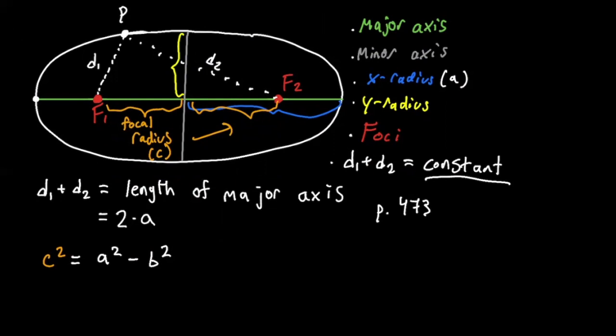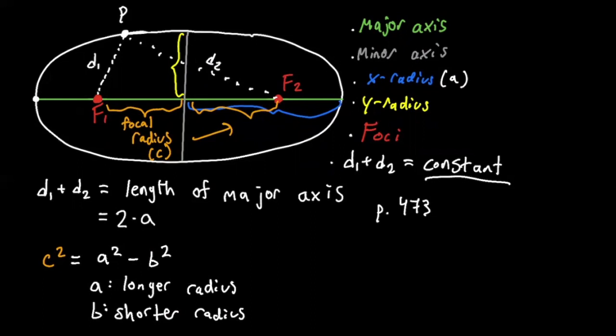There's a way to set it up in our ellipse to derive this equation. We're not going to go over how to find this equation though. C squared, so c is our focal radius. A and b are the 2 radii that we have. So a is the longer radius, and b is going to be the shorter radius. So we're taking the difference between the longer radius squared and the shorter radius squared.